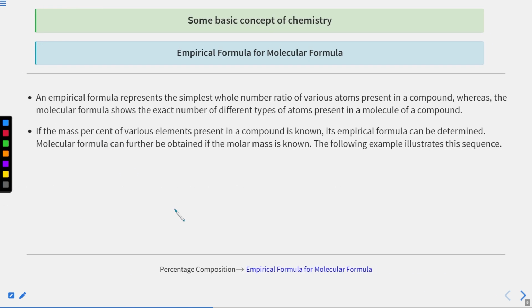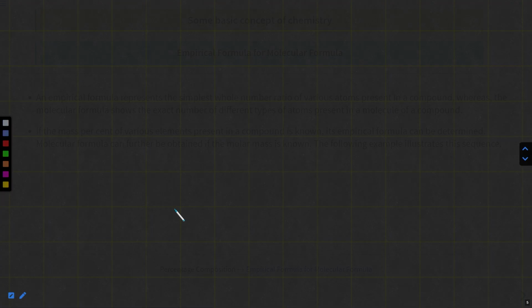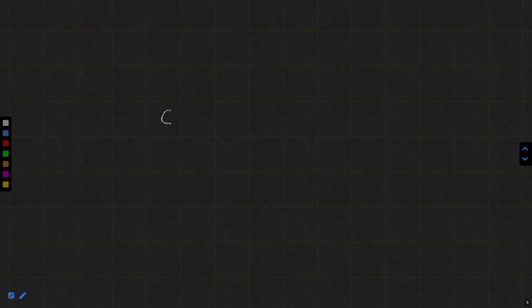Now let us move to what an empirical formula is, what a molecular formula is, and what the relation between these two is. Let us understand this with the help of an illustration, because that would be more beneficial. Suppose we take glucose, which has the formula C6H12O6.